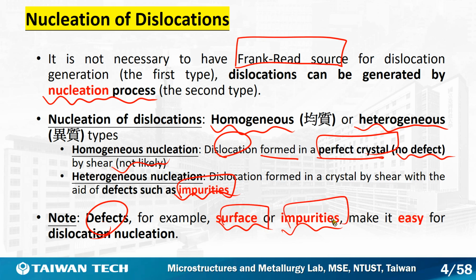Both of these two are defects. It will make it easy for dislocation generation because homogeneous nucleation is very, very hard, and heterogeneous will be easy.